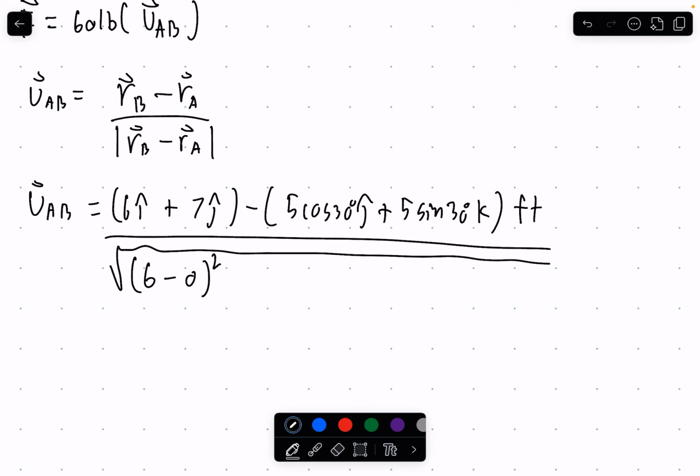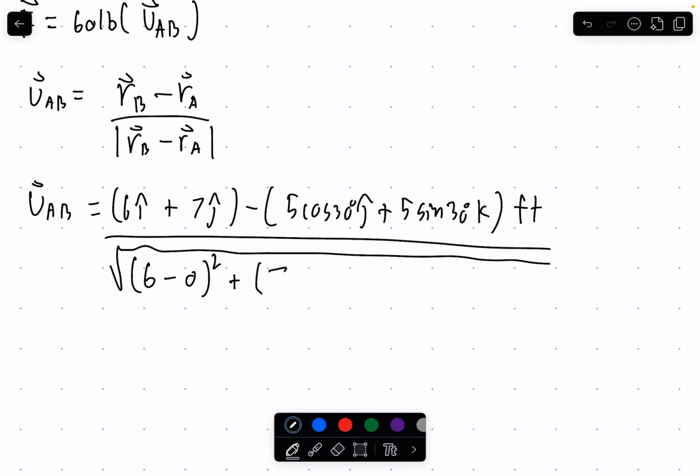So it's going to be 6 squared right there, and since we have the invisible 0 i hat right there, we'll be subtracting 0. But you can also leave the 0 out. I'm just doing it to keep the form of the problem.